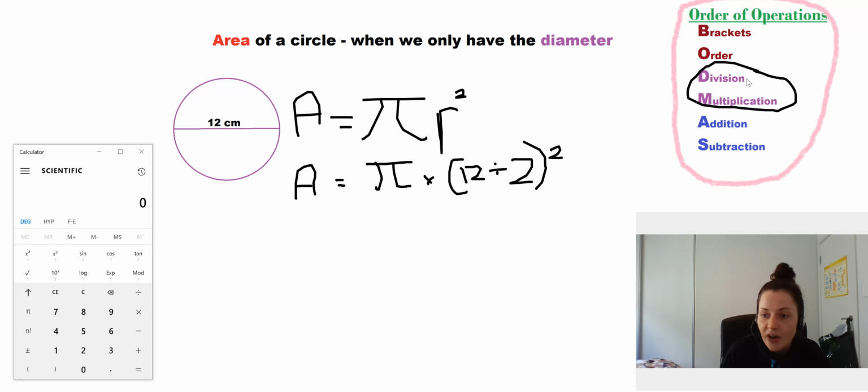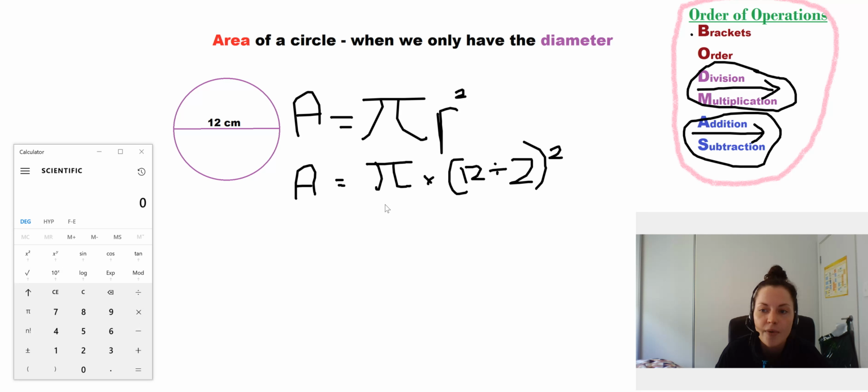So it doesn't necessarily have to be all of the division first and then the multiplication. It's just working from left to right, so whatever comes first. And that's also the same for addition and subtraction. Don't go through and do all of the addition and then all of the subtraction, just working from left to right, whatever comes first.